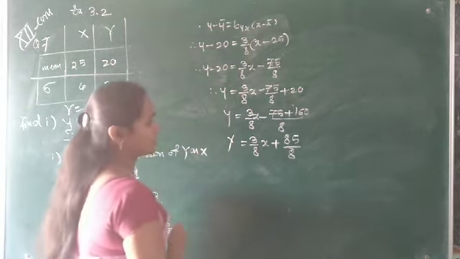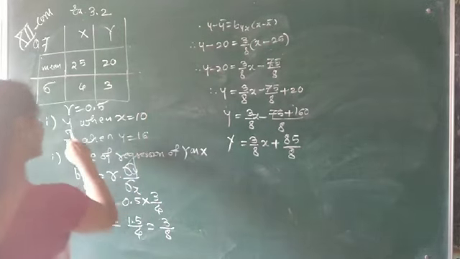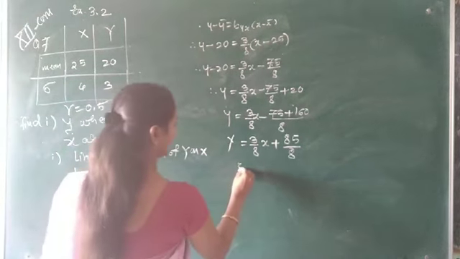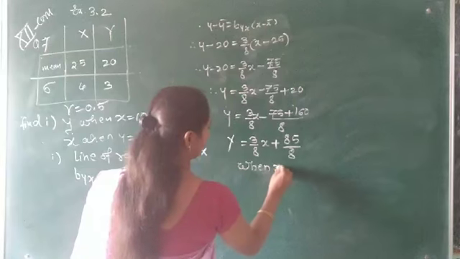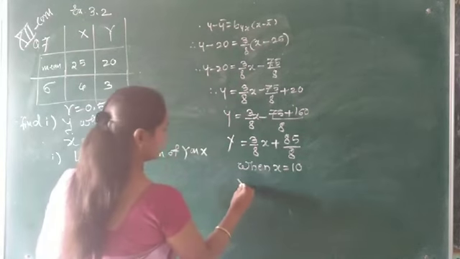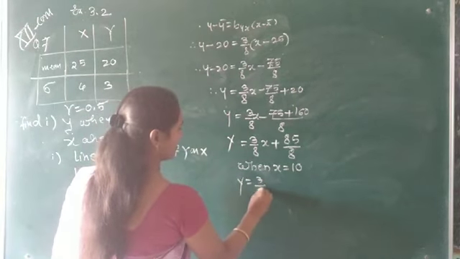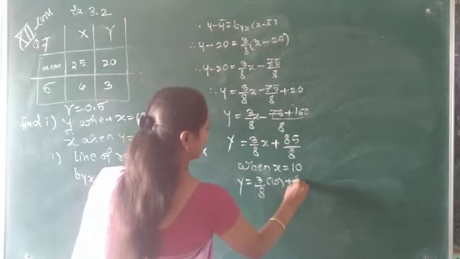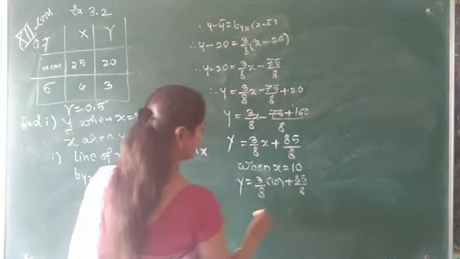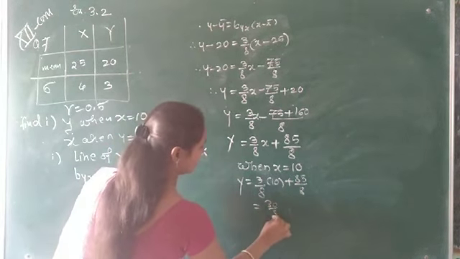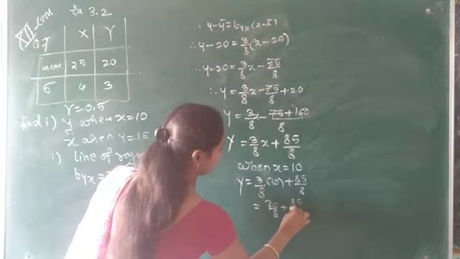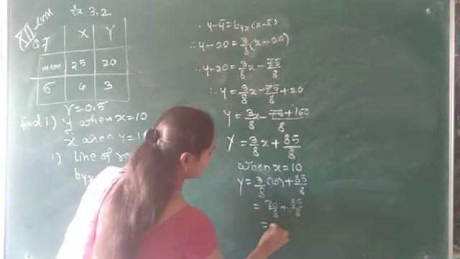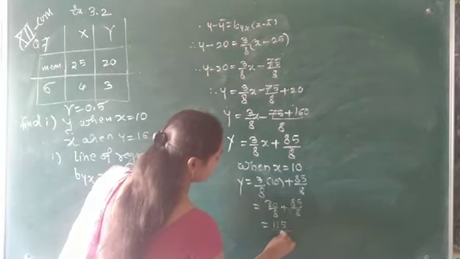This is the line of regression of y on x, but we have to estimate y when x is 10. So when x is equal to 10, therefore y is equal to 3 by 8 into 10 plus 85 upon 8. That means 30 upon 8 plus 85 upon 8, 30 plus 85, that is 115 upon 8.